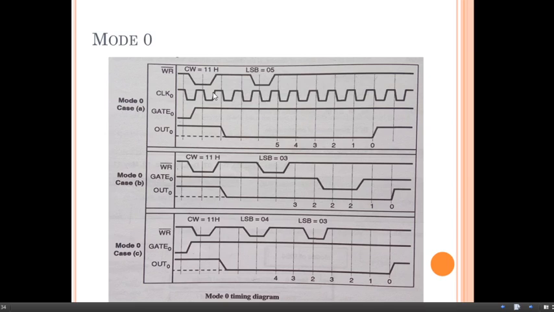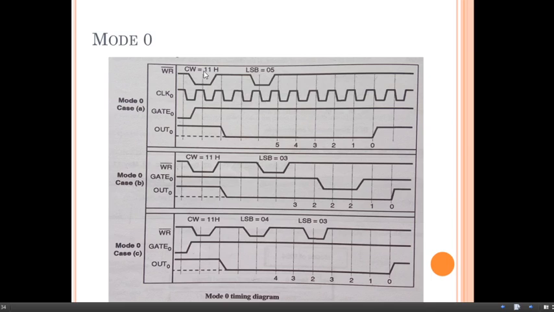So here what happens, first of all the counter should be initialized and then the loading operation is performed, and for that purpose, for initialization of the counter one write is required, and for the loading operation another write operation is required. That means in each mode of 8254 a total of 2 writes are required.